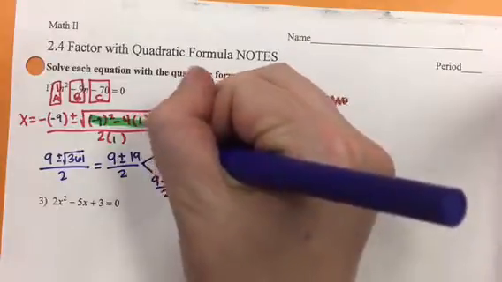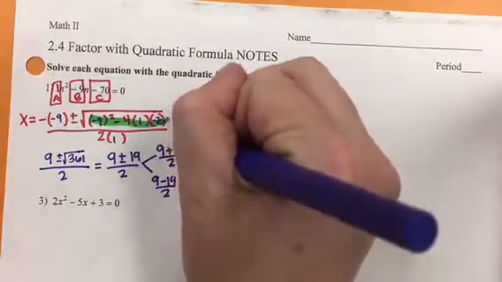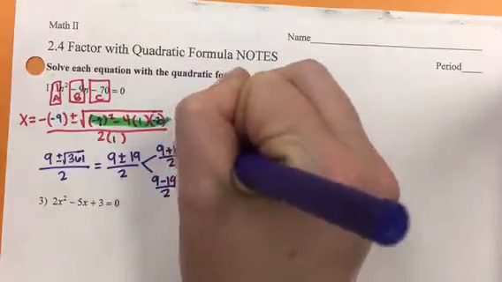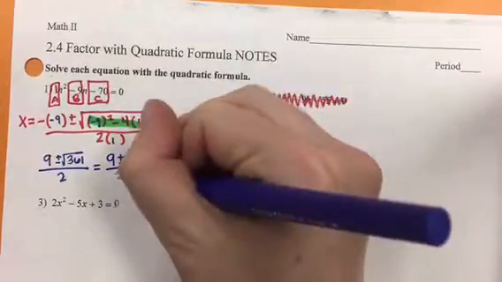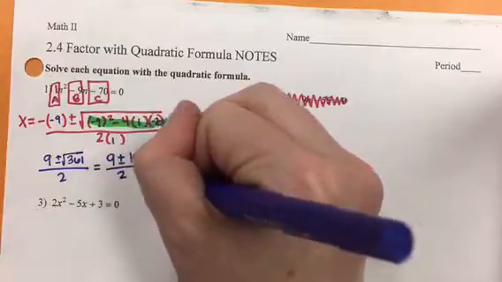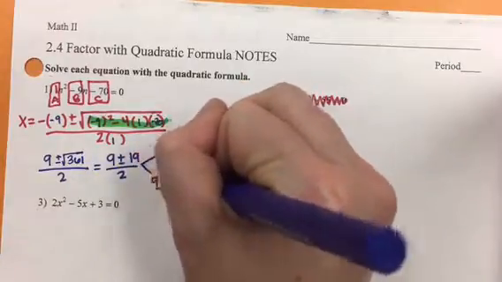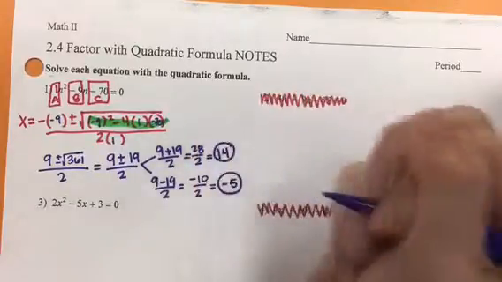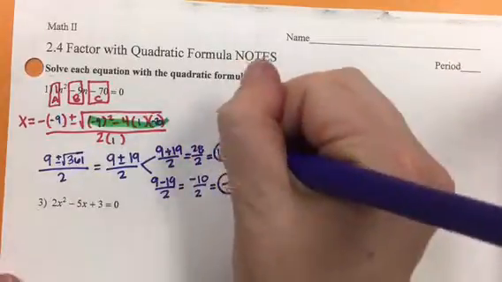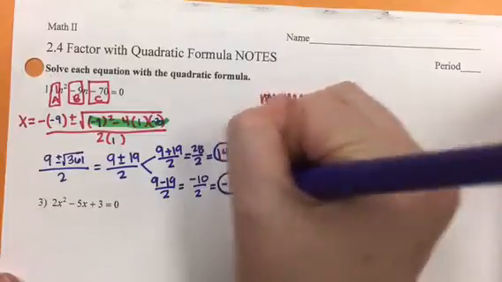Simplify. 9 plus 19 is 28 divided by 2 equals 14. 9 minus 19 is negative 10 over 2, which equals negative 5. These are the solutions.